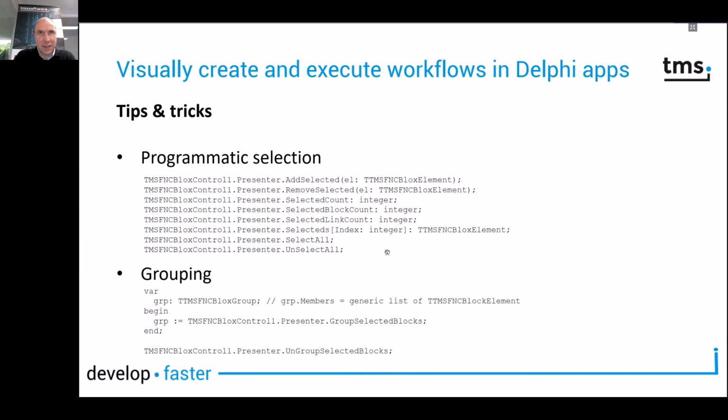The presenter is the object that performs all operations on the blocks, what is in the blocks, elements and lines. So from there, you can add elements to your set of selected elements. And of course, you can loop through selected elements and perform manipulations on all elements that are selected. Or you can simply also select all or unselect all.